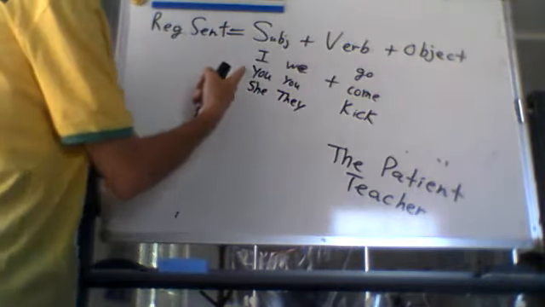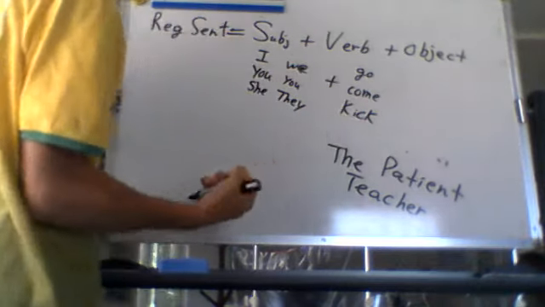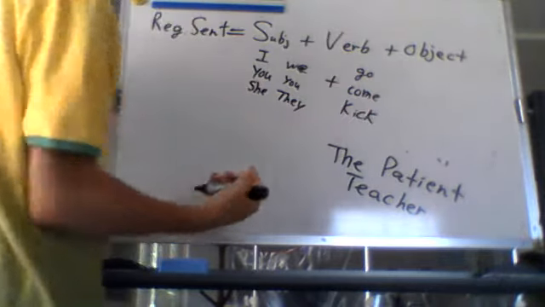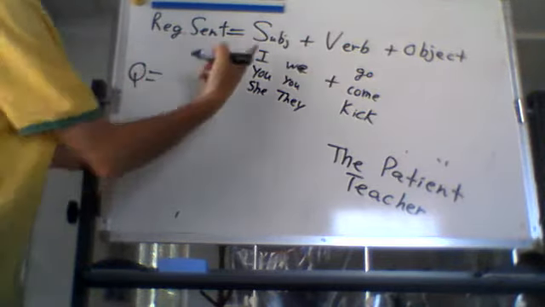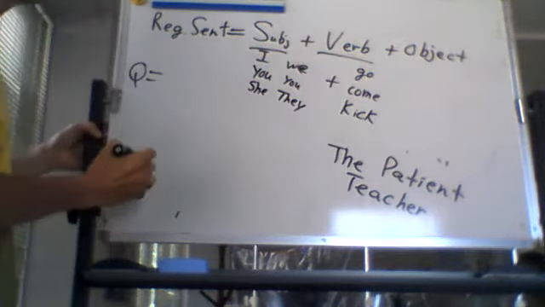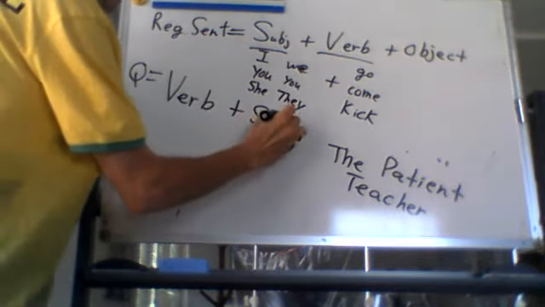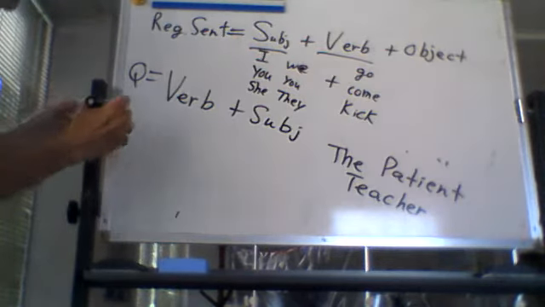So, you come to school, right? She goes to the mall, right? When you have a question, we reverse the order of those two. Verb plus subject. Okay?